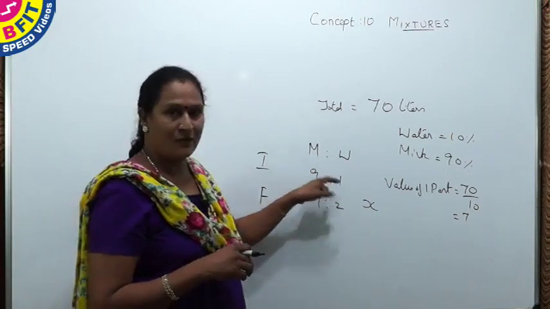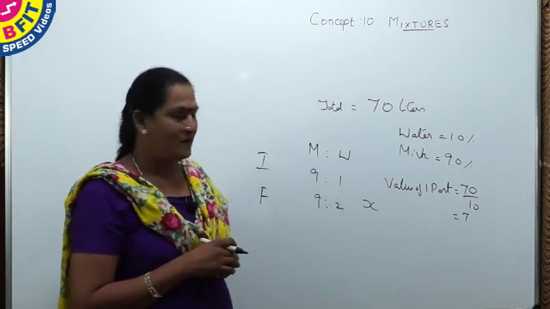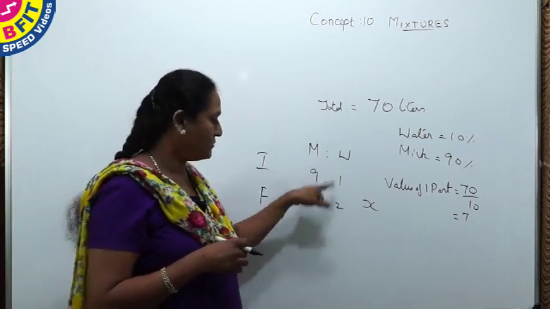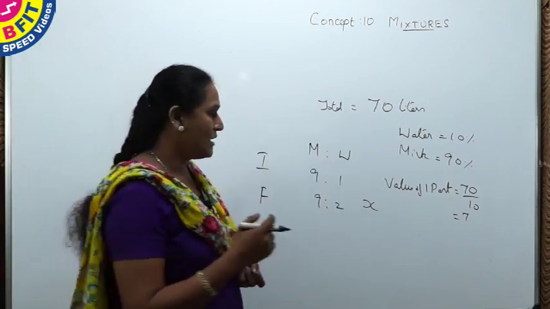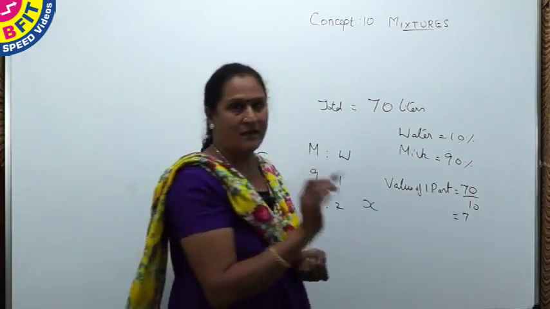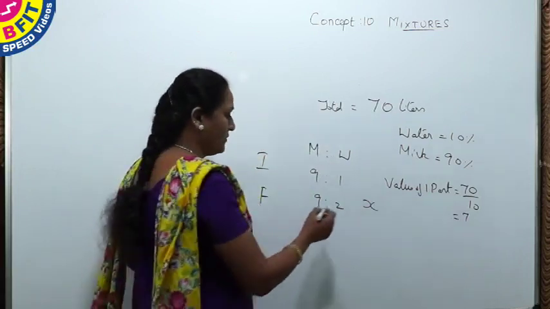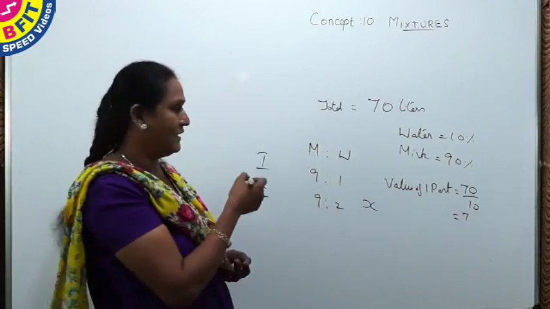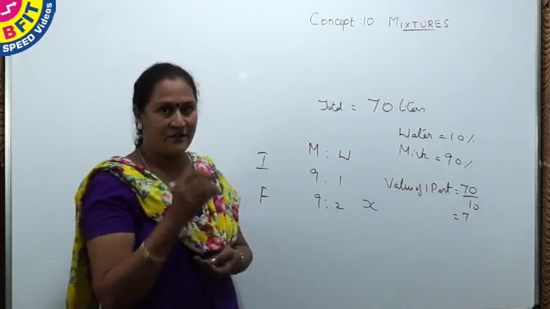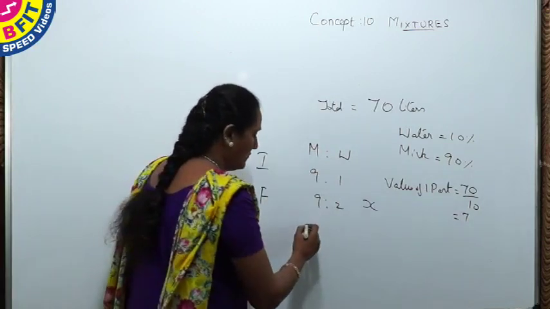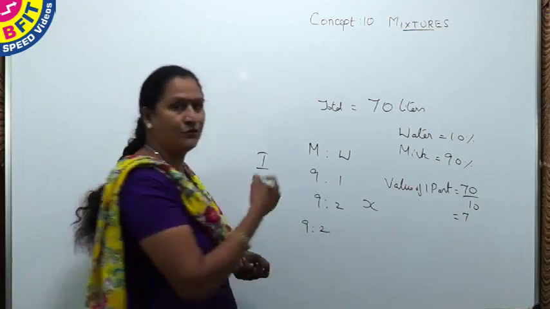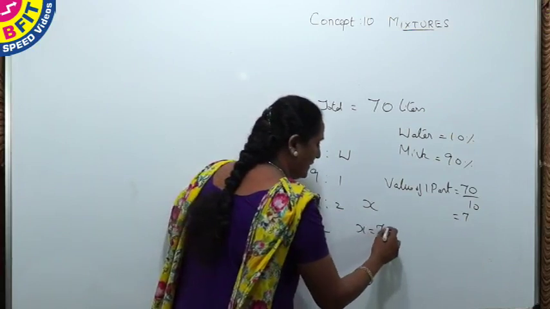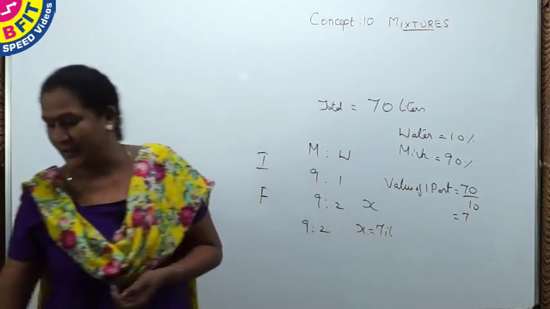So earlier 1 part, now you have 2 parts, so it is increased only by 1 part. So the answer will be this 1 part itself. So when you add 7 liters of water to this quantity of 70 liters, quantity will become 77 and the ratio will be 9:2. So the answer is 7 liters of water should be added.